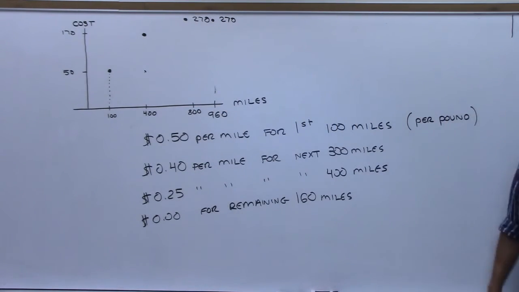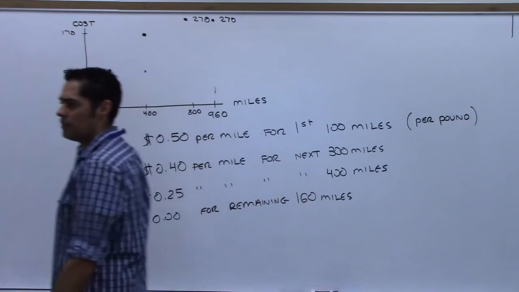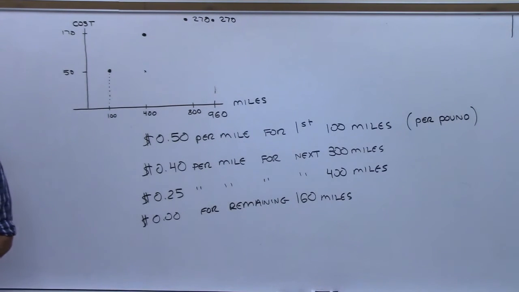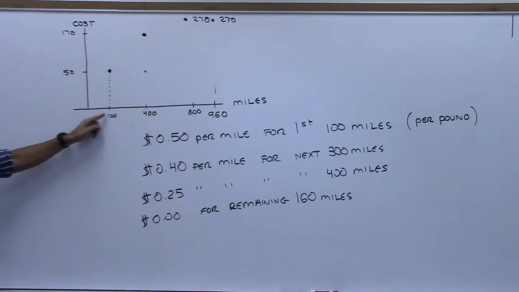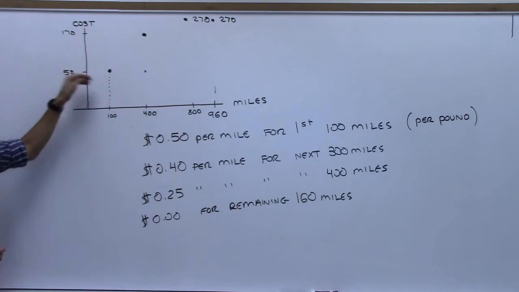So if I ship 1 pound, that's how much it's going to cost me. Agreed? What if I ship X pounds? 270 times X. Because this, instead of being 50, would be 50 per pound, wouldn't it? So if I just ship 2 pounds, this would now be 100. If I ship 3 pounds, this would be 150, right?